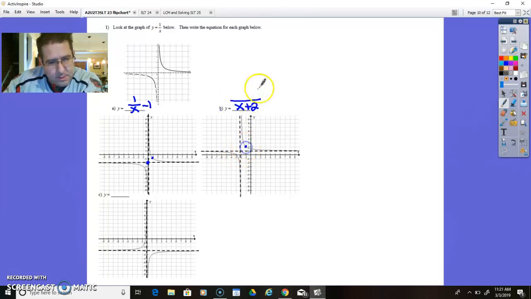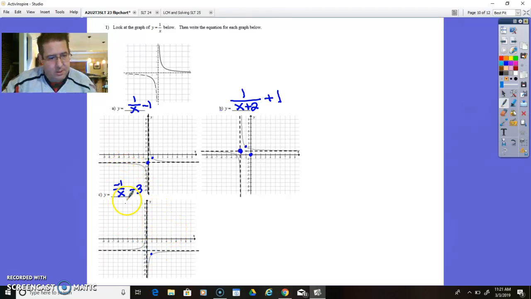And the next number is 1 above, and it is also slid 1 up, because if you look at the origin, here's the old origin, here's the new origin, it's slid 2 left and 1 up. This one has slid 1, 2, 3 down, so I know it's going to be -3 on the outside. Remember, this function is down 1, so it's going to be -1 over x.